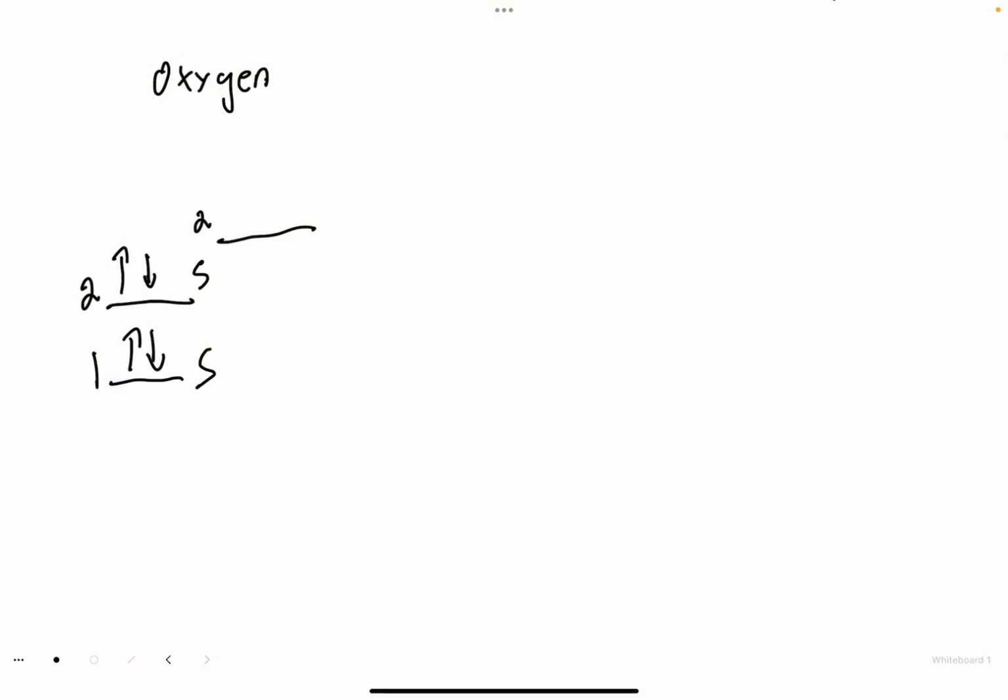So now we have the P sublevel, which has 3 orbitals, and you represent these orbitals with these different lines. Now is where it gets tricky. If you were to go like this, it would be incorrect because you can't leave off an orbital. This is where Hund's rule comes in.